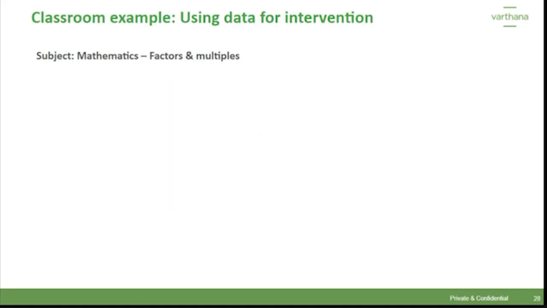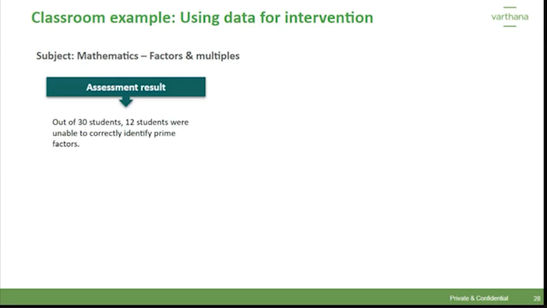Now we'll discuss a classroom example of how we can convert the data into a plan of action. Here the subject is mathematics and the chapter is factors and multiples. The assessment result is that out of 30 students, 12 students were unable to correctly identify prime numbers.